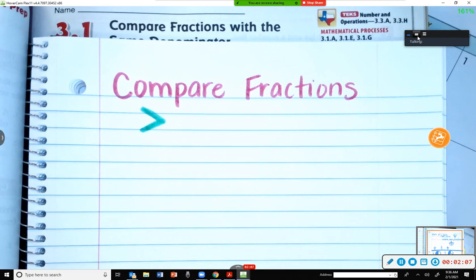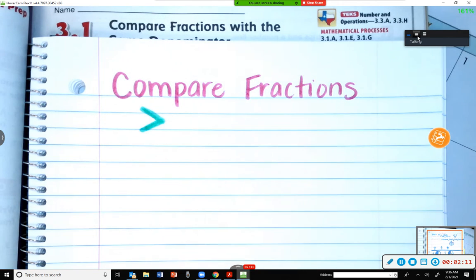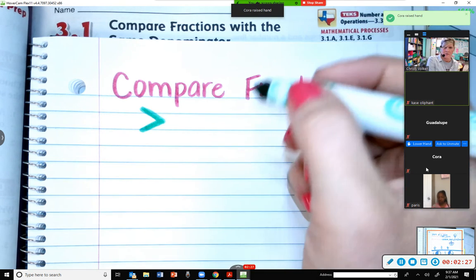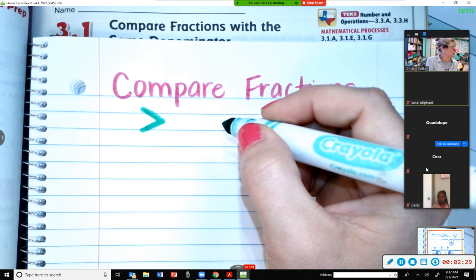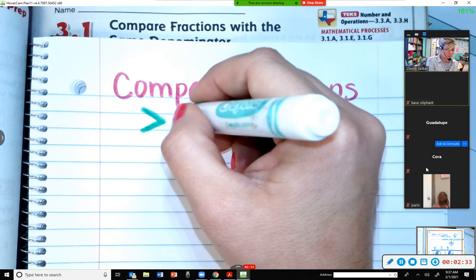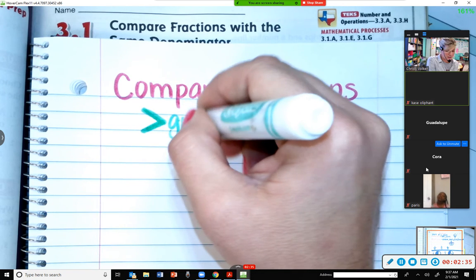Let's see if somebody at home knows. Anybody at home know what that symbol means? What does it mean, Bryson? This is like the bigger number. Like the greater than. Yeah. Okay. Greater than. All right, Cora, I saw your hand go up.